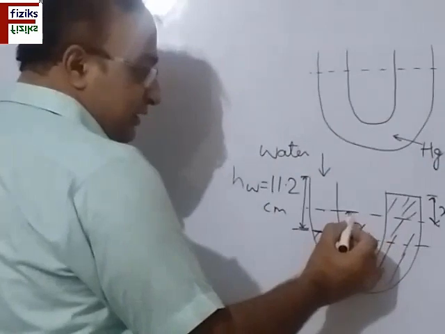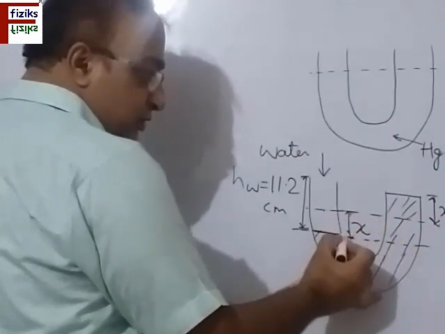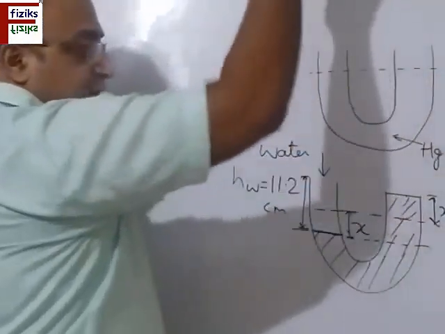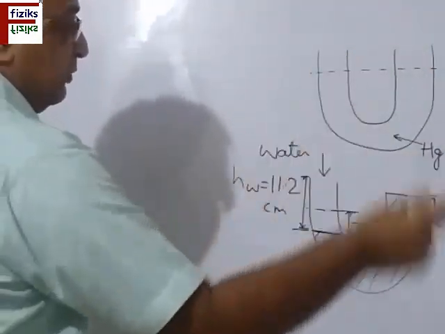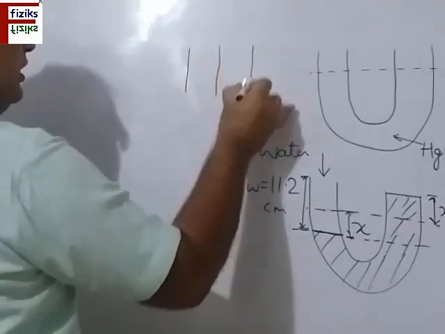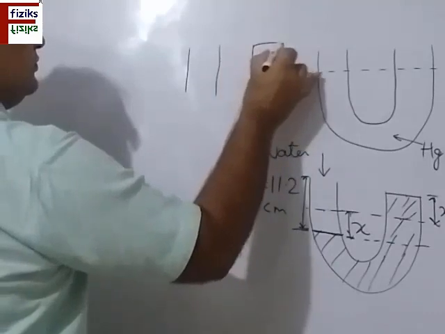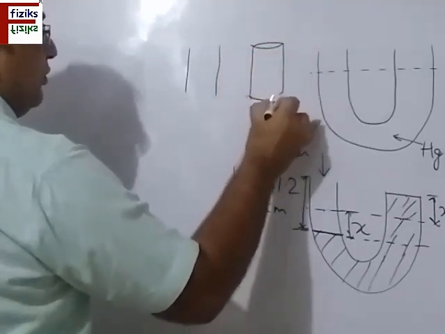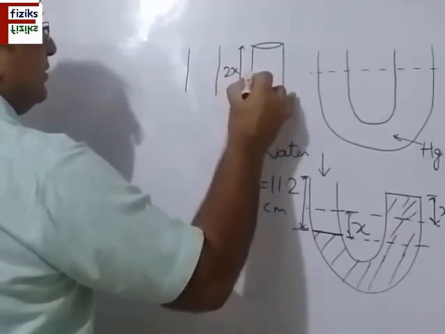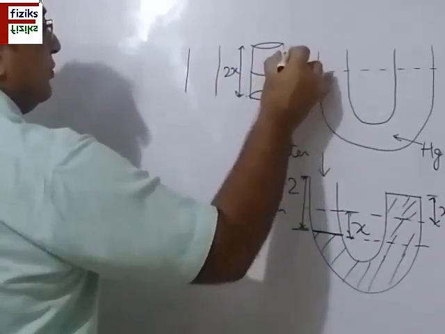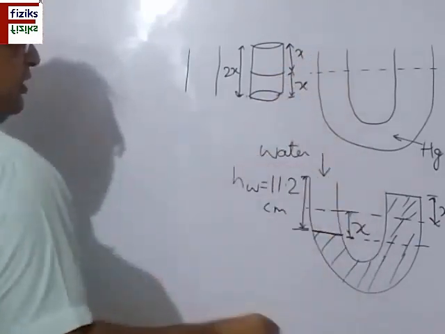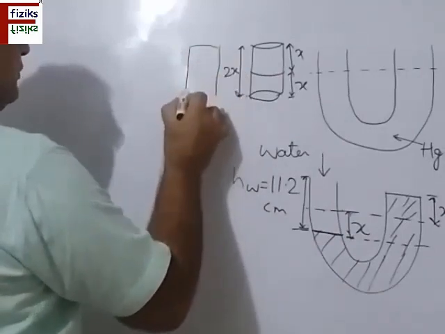So x is this depth through which it goes down. So this is also x above this line and x through which it moves in the upward direction. So total height of mercury column is 2x. We can show it separately here, water and mercury. This is mercury column having a height of 2x. X is this which goes up and x because of the fluid which is going downward. And this is the water column.